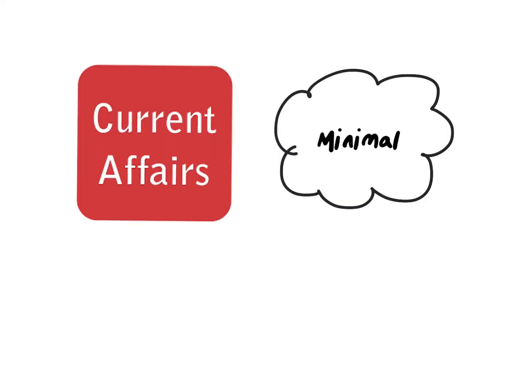Now, what is the role of current affairs in anthropology? The role of current affairs is very minimal. I'm not saying not to read; you have to read. If you're writing about tribes and tribal problems, there you have to add current affairs if any tribe is in the news.